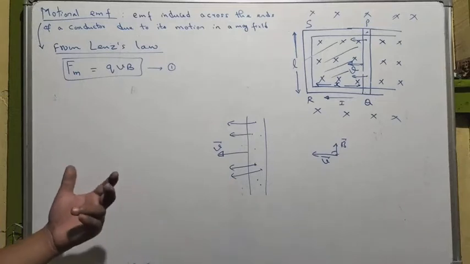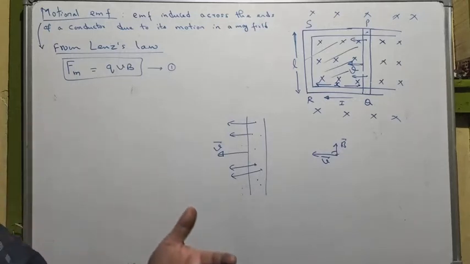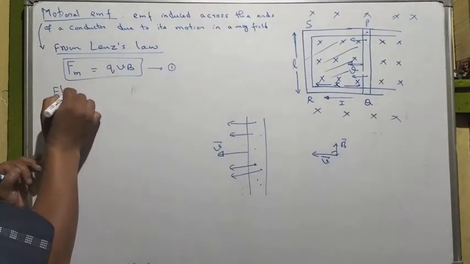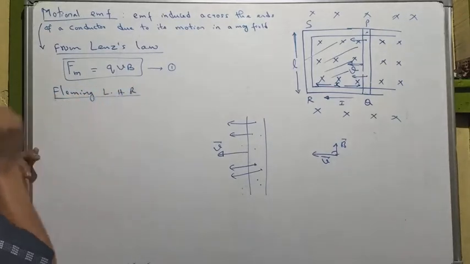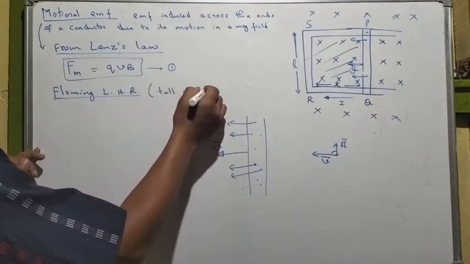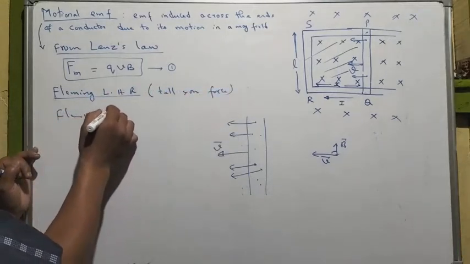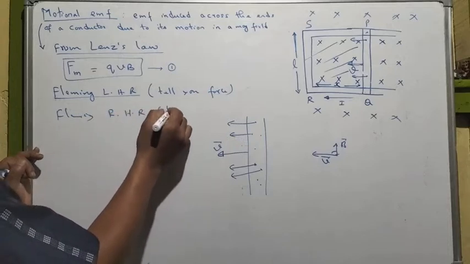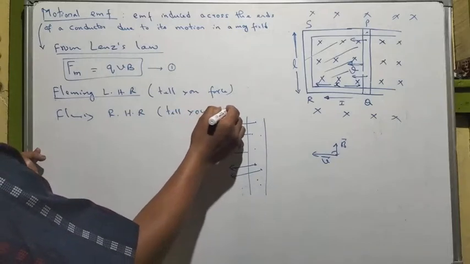Now, where is the direction of this magnetic force? The direction of the magnetic force can be obtained using the Fleming left hand rule. This Fleming left hand rule tells you about the force, whereas the Fleming right hand rule tells you about the direction of current.